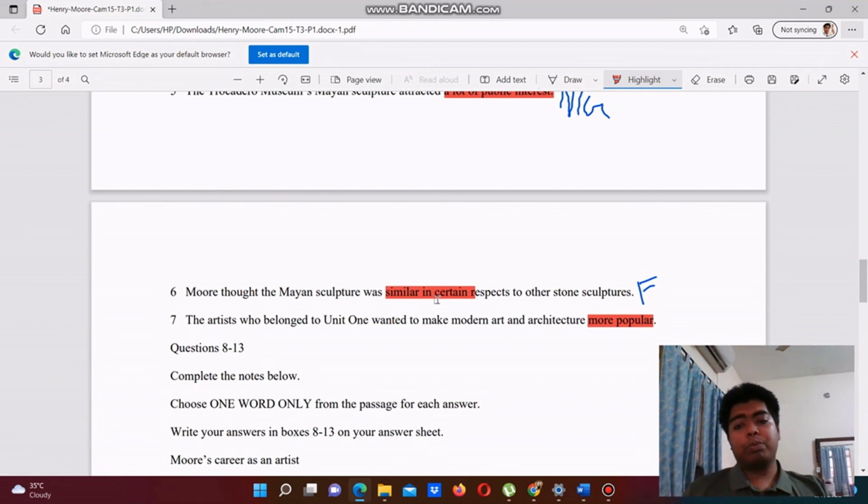And if the artists of Unit 1 didn't want to make it popular, or wanted to keep a very low profile, then it will be false. And if there wasn't anything mentioned about their goal, how they felt about modern art, then it will be not given.